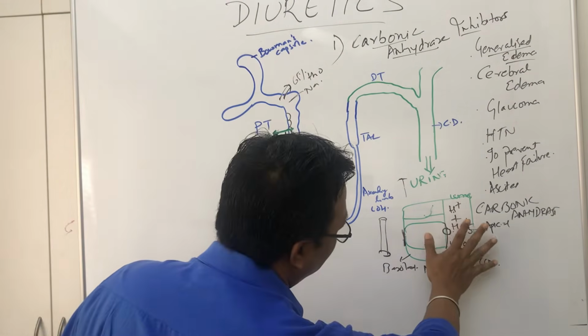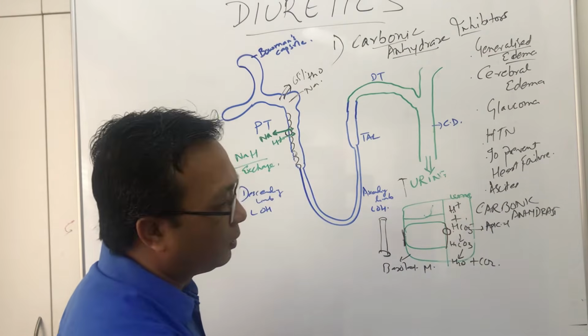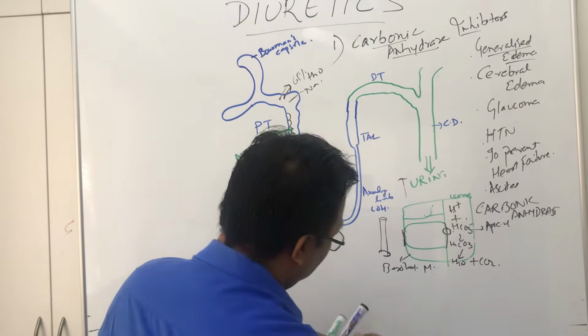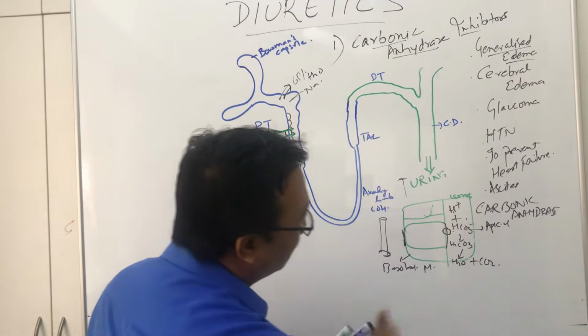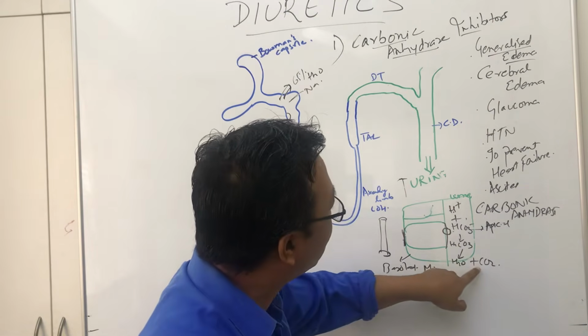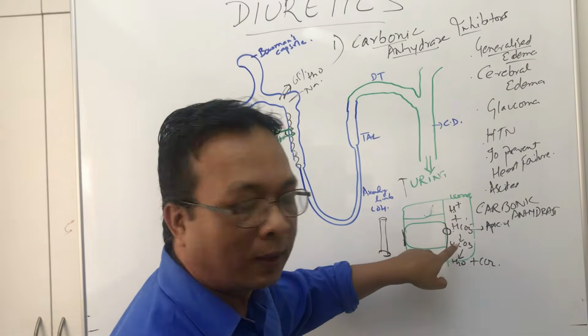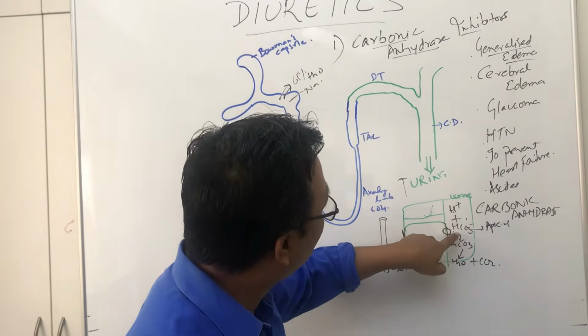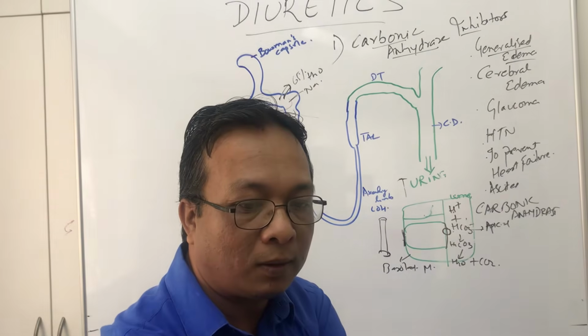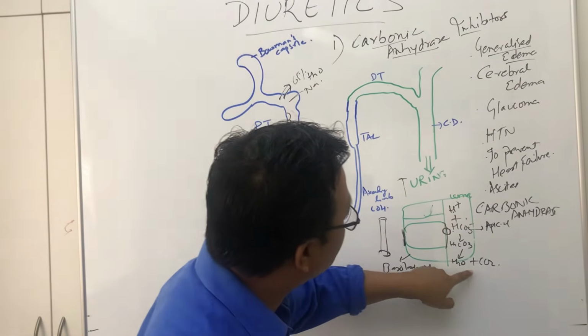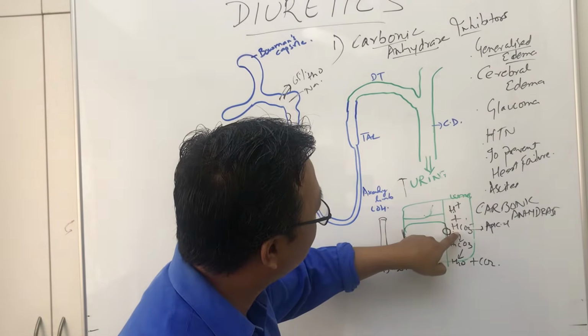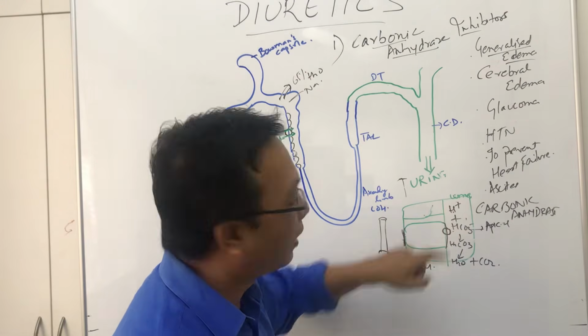So what happens here, this carbonic anhydrase enzyme controls this reaction: water plus carbon dioxide forming carbonic acid, then forming bicarbonate. Water plus carbon dioxide is forming carbonic acid, then it is splitting into bicarbonate and hydrogen ion.